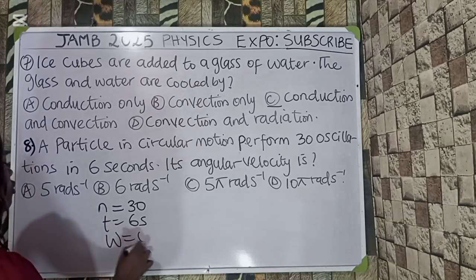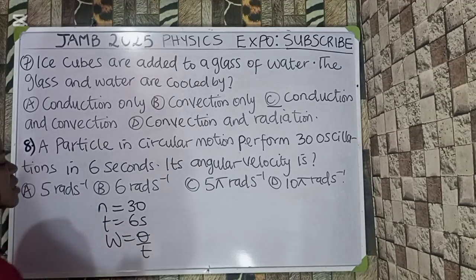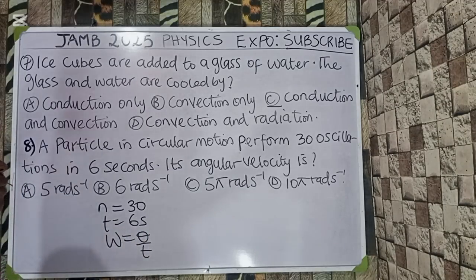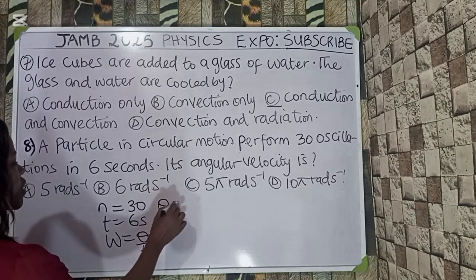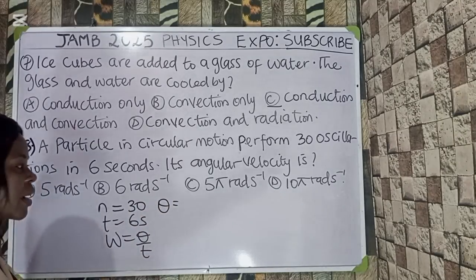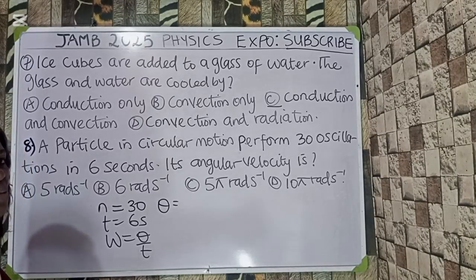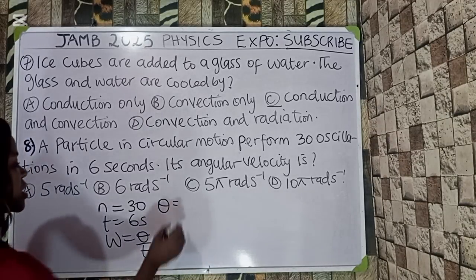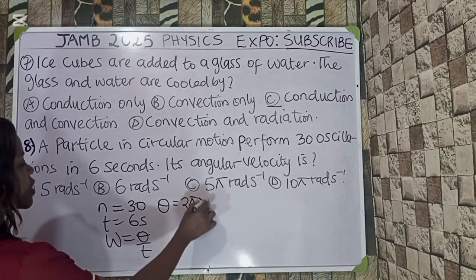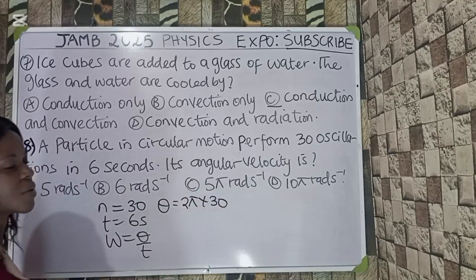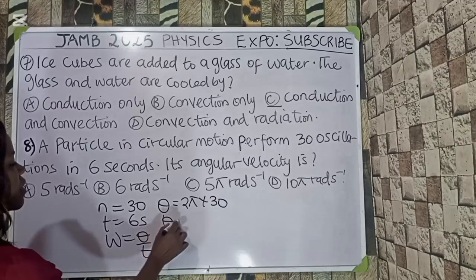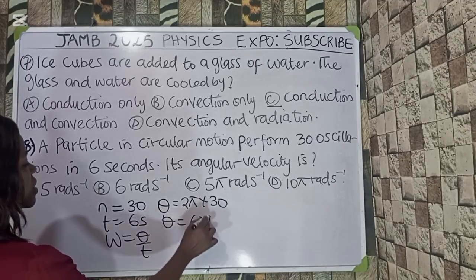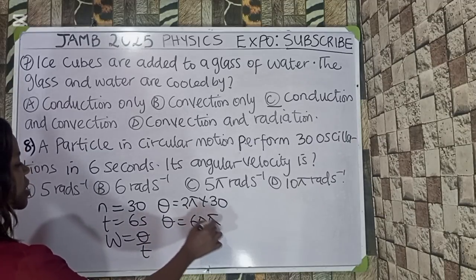What is the formula for omega? Theta over time. Okay. Now, one complete oscillation is equal to 2 pi. But in this question, the particle makes 30 oscillations. So I'm going to say this is 2 pi multiplied by 30. So the angle is now equal to 60 pi. Do we understand?